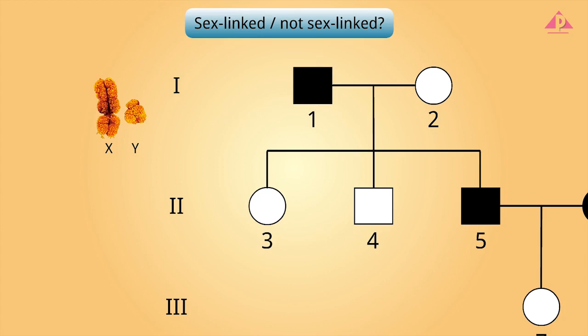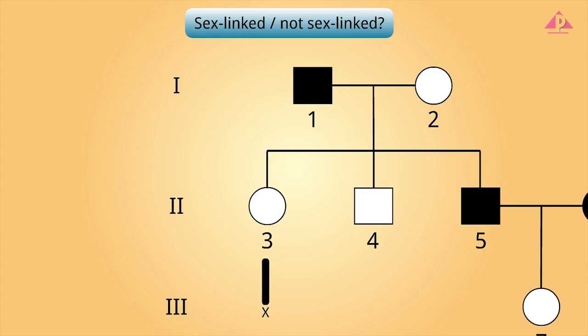He is a male, so he has one of each X and Y chromosome. If the dominant allele for bent little fingers is X-linked, individual 1 must have an X chromosome bearing the allele. His daughter, individual 3, must have inherited it from her father.